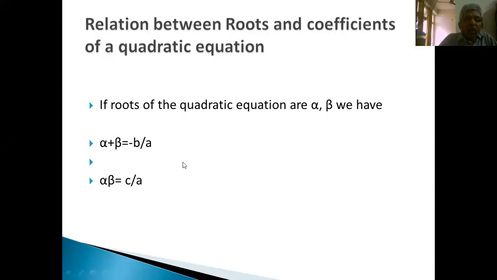So we got the sum of roots as minus b by a and the product of roots as c by a. Now we'll move to the next slide.